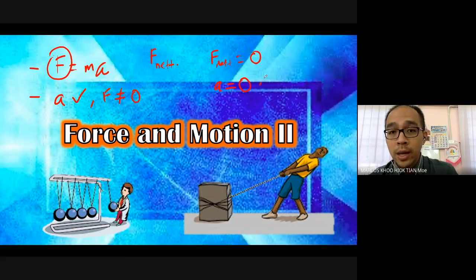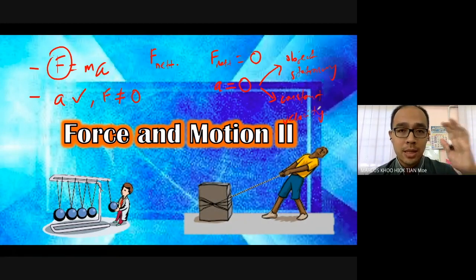And when there is no acceleration, there are two situations where this can happen. Number one, the object is stationary. And secondly, the object is moving with a constant velocity. It is still moving, but it is not accelerating.